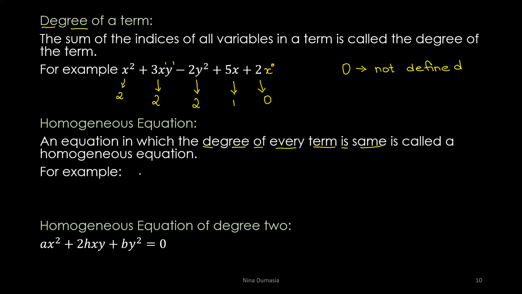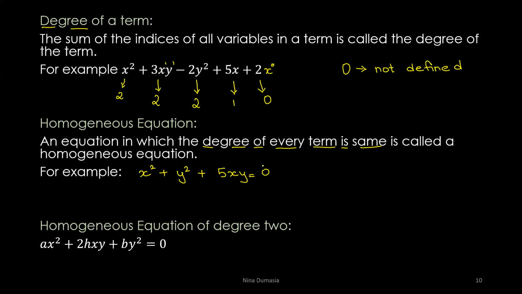It will be x square plus let's say y square plus let's say 5 into xy is equal to 0. Something like this can be a homogeneous equation of degree 2.